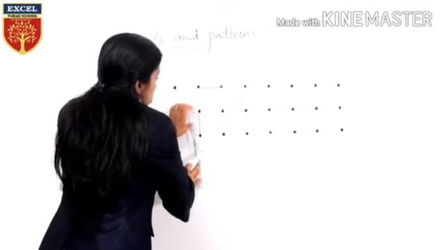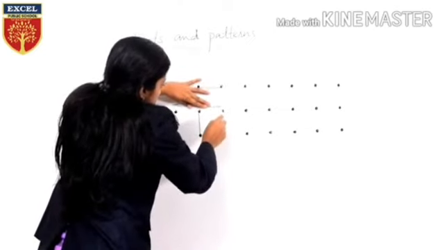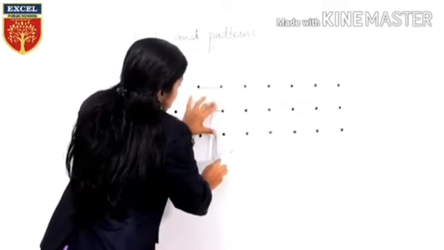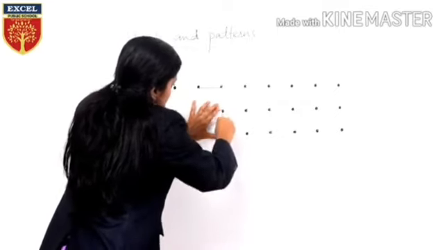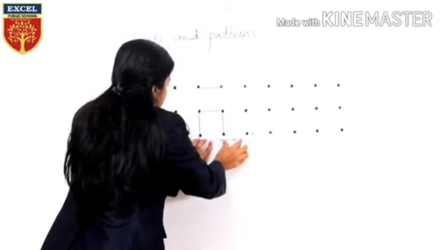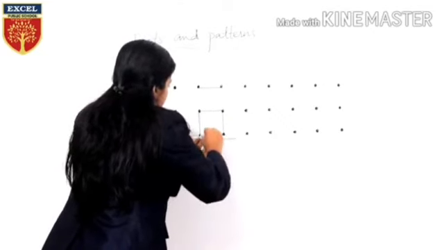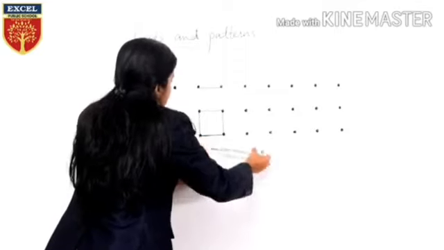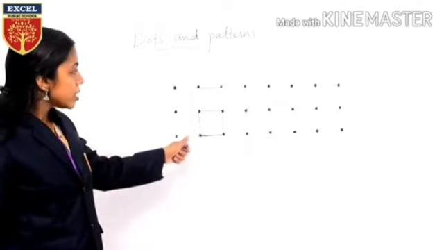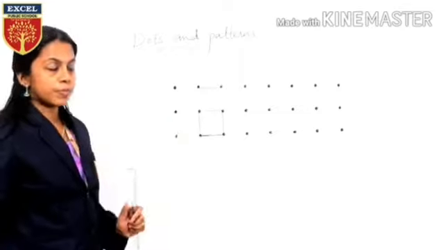First join these two dots, then these two, then here, then join these two. So what shape is this? This is a square. So by joining the dots, we can draw shapes also.